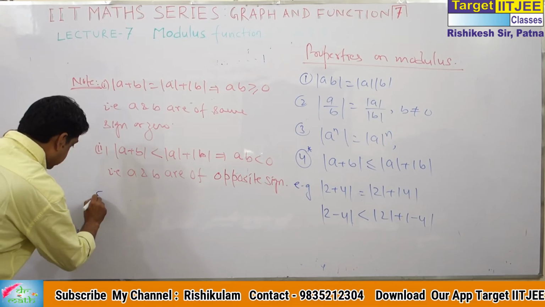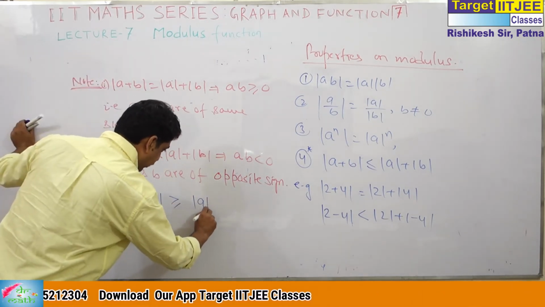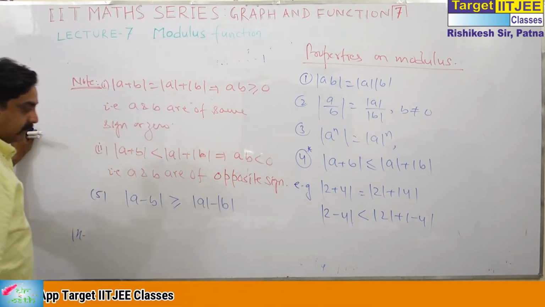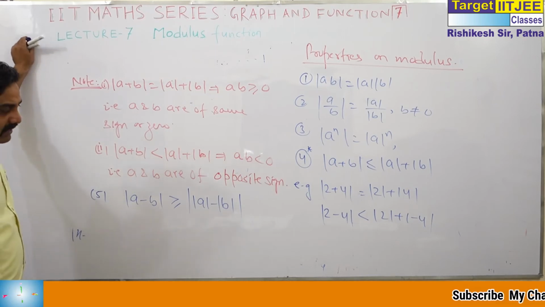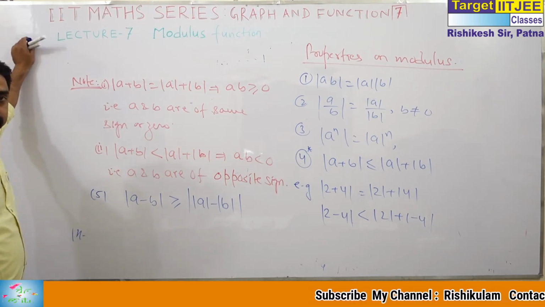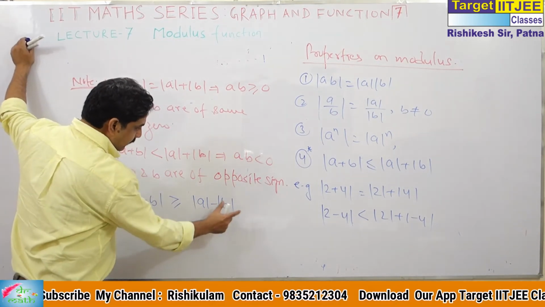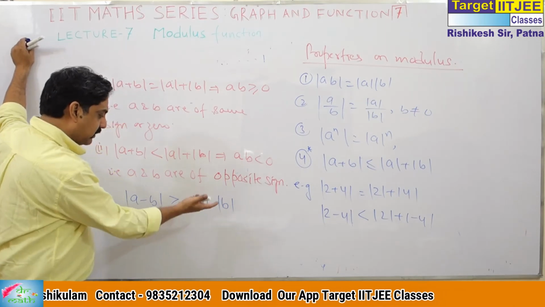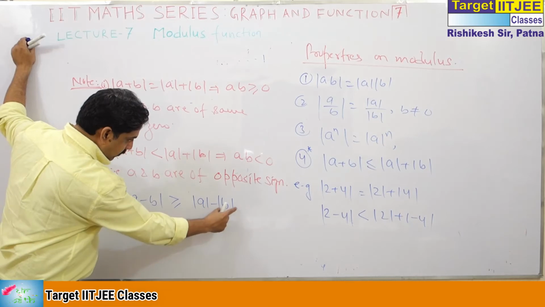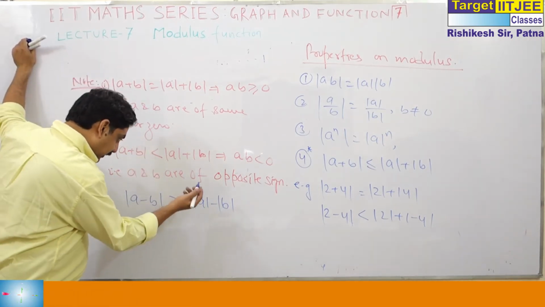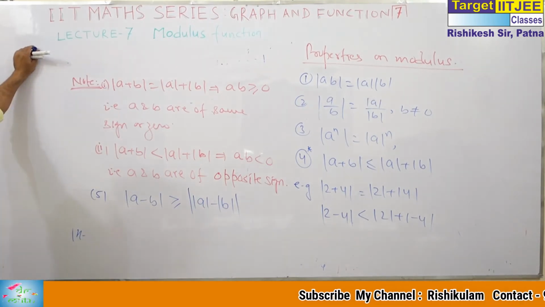Likewise, we can also say mod A minus B is greater than or equal to mod A minus mod B, and its modulus again. Why double modulus? Actually, up to this we are not sure whether this may be negative. If mod A is less than mod B, this is negative. And if we make this negative positive by taking modulus, this is also true.